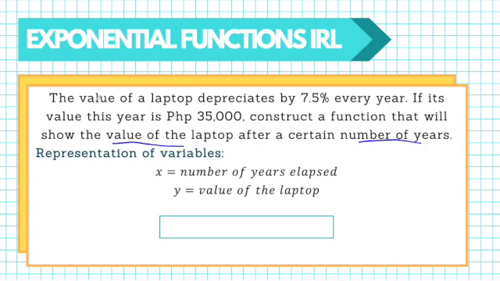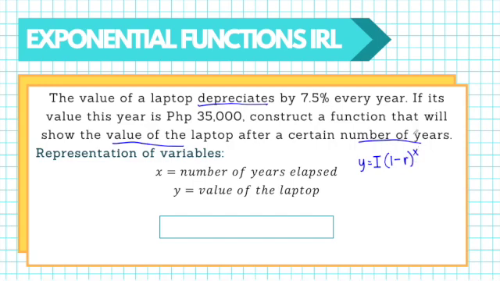Again, it says the value of the laptop depreciates, so it loses 7.5% of its value every year. Therefore, this is an exponential decay. To create a function that represents an exponential decay, we use the formula y equals I times 1 minus the rate, raised to x.